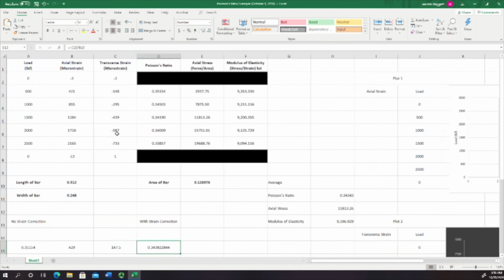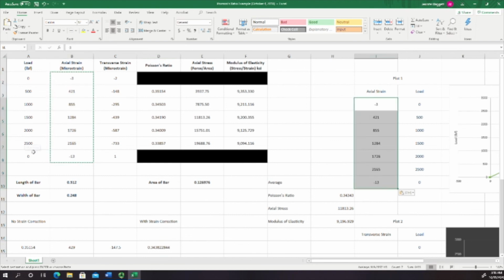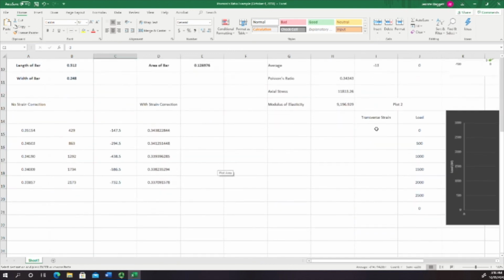So to do this, if we want our axial one, we can copy our axial gauge values and paste them here. And if we want our transverse gauge values, we can copy these and paste them here.